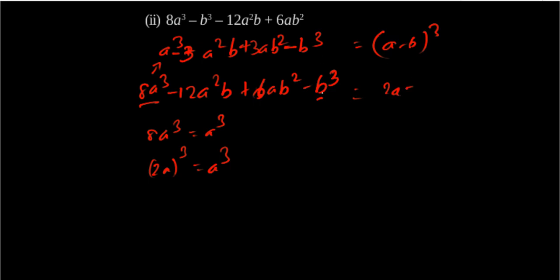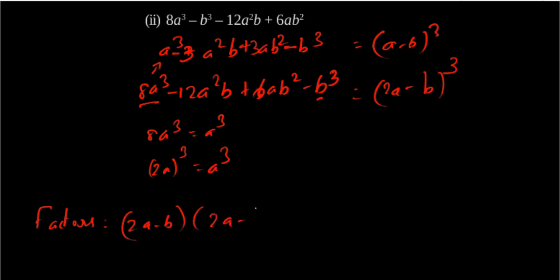In place of b cube we have b cube itself. So in place of b we write b itself. So 2a minus b the whole cube. So the factors of this polynomial are 2a minus b into 2a minus b into 2a minus b.